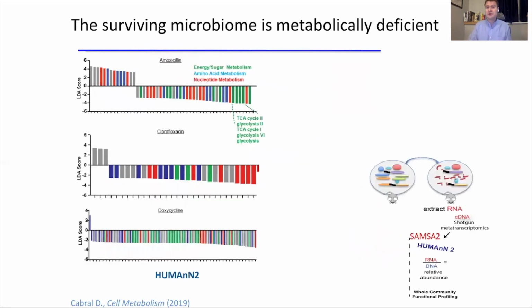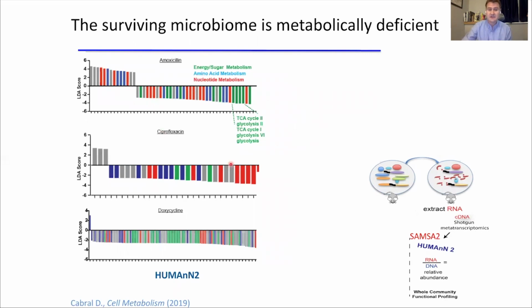So then we looked at the metatranscriptomic analysis of the microbiome as a whole. In this case, we utilized HUMAnN 2 to do this analysis. And let's just look at the amoxicillin data because that's what I'll focus on for the rest of the talk. We found that the resulting microbiome after amoxicillin exposure seemed to shut down a lot of metabolic products compared to the untreated mice.